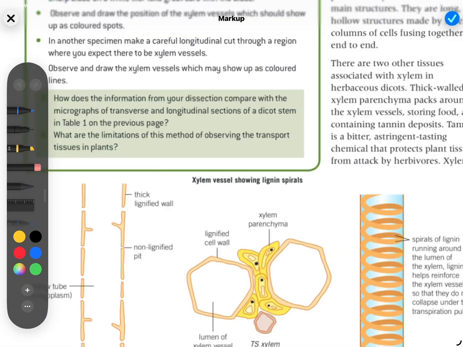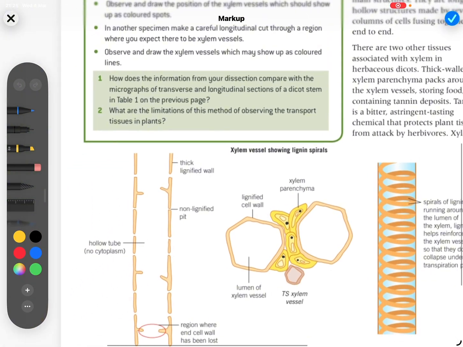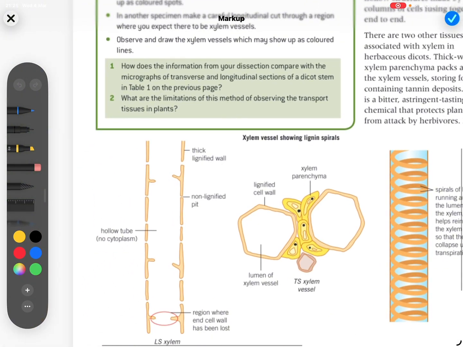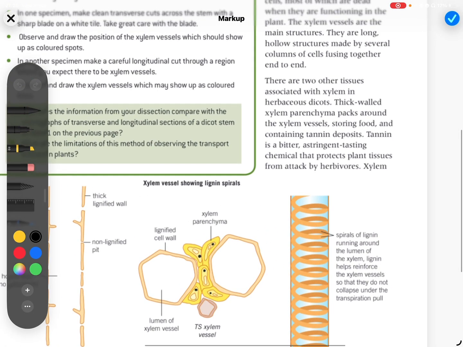Now that we know that the xylem is just xylem vessels, we need to talk about two other tissues in the xylem. There is a thick-walled one called parenchyma.